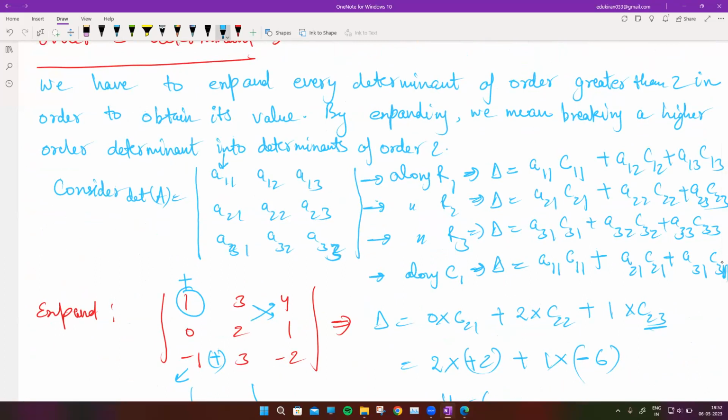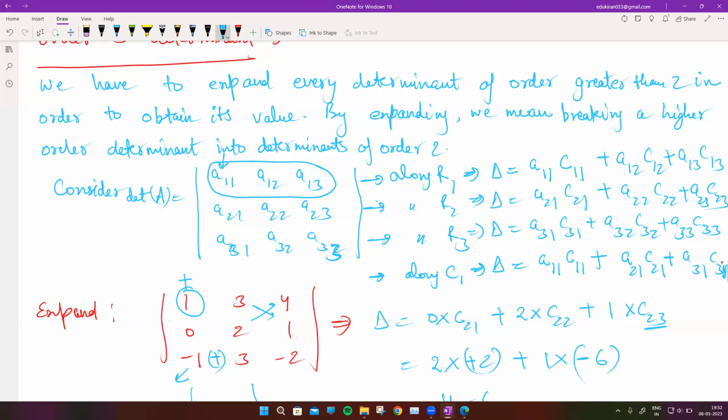So I can expand it along any row or any column. Expansion means something very simple: the value of this determinant, delta, is equal to taking any row or any column. Let's say I am taking the first row. I take the first row and multiply each element with its corresponding cofactor. So A11 multiplied with C11, then A12 with C12, A13 with C13.